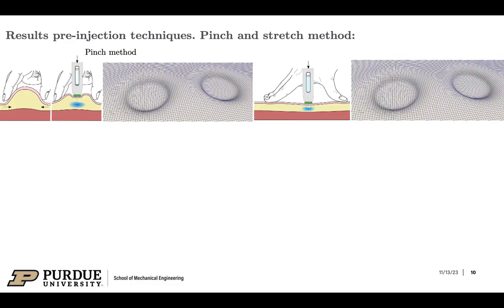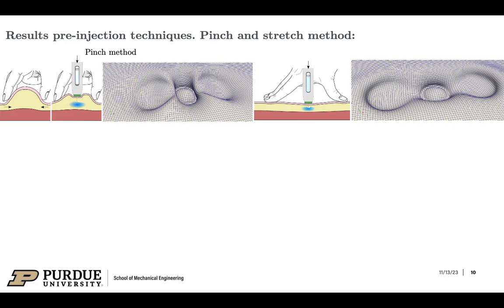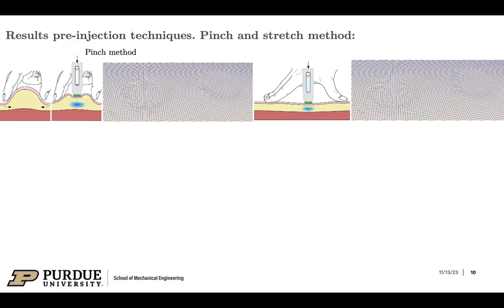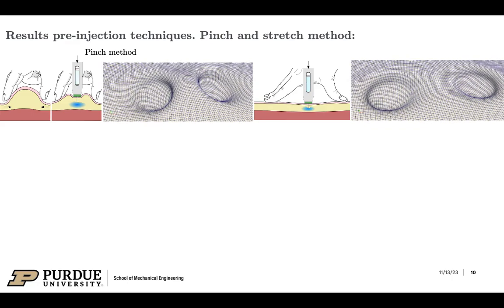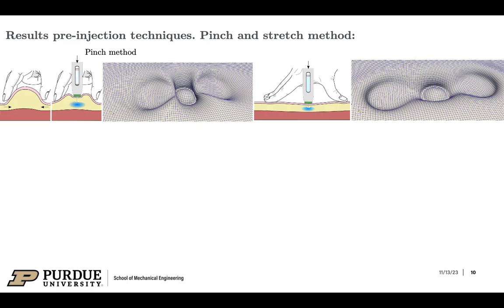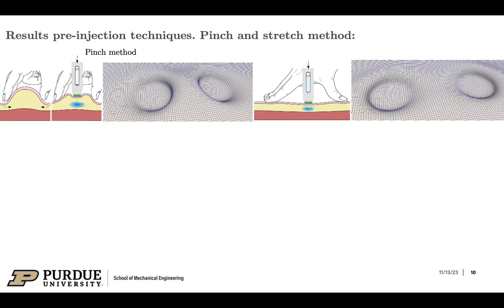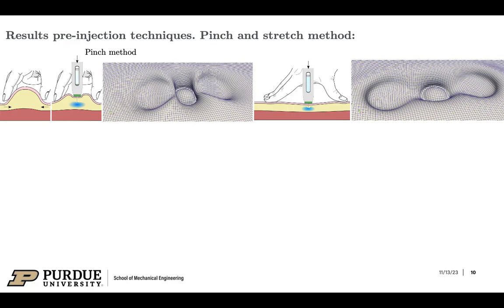Finally, we also studied the effect of different pre-injection techniques like the pinch and the stretch technique that are represented here at the top. So these methods are used by the patients to create an injection site and to ensure that the injection is performed in the fatty layer, the adipose layer, the yellow layer that we can see in the figures.